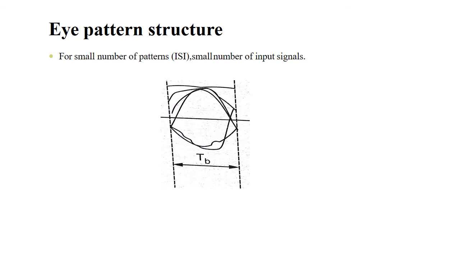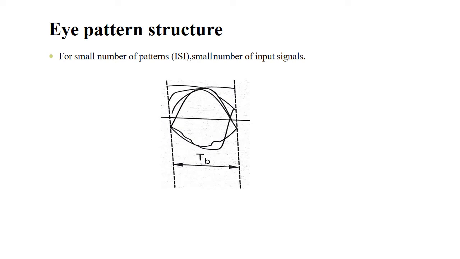Next one is the I pattern structure. The baseband binary data transmission system contains the signal obtained at the output y of t, and it is a continuous time signal. Ideally the signal will be high or low depending on the symbol that was transmitted.